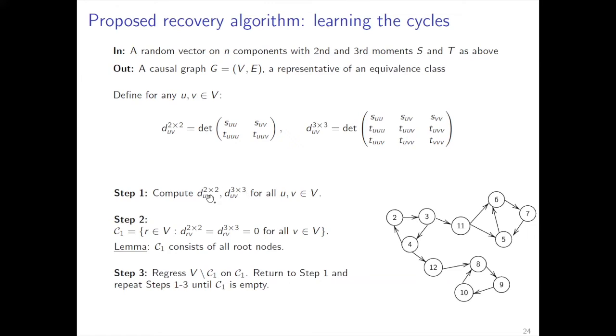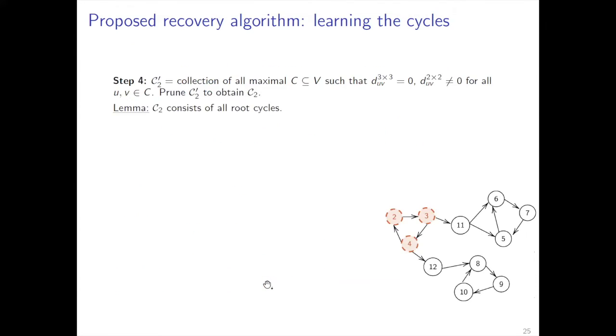You recompute these determinants, and then you check again for root nodes. If there is none, then you go to step 4, where we now find all sets of vertices for which the 3×3 determinant vanishes, but a 2×2 doesn't, for all u and v.